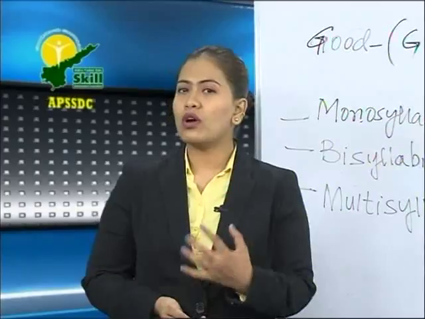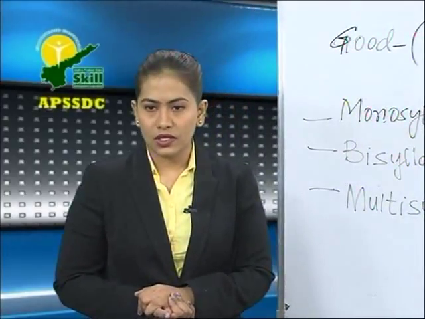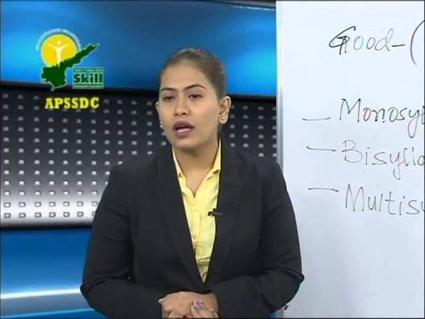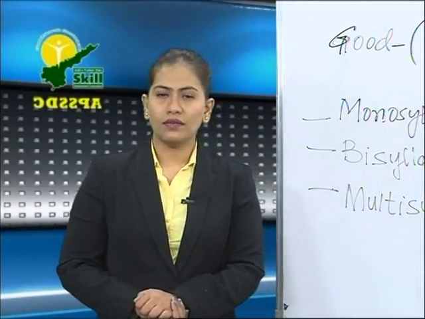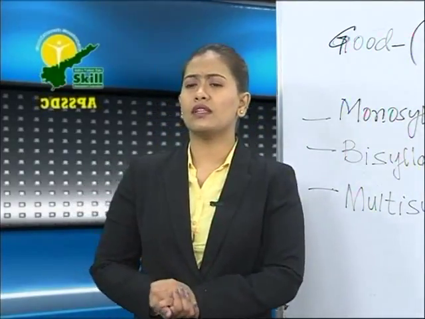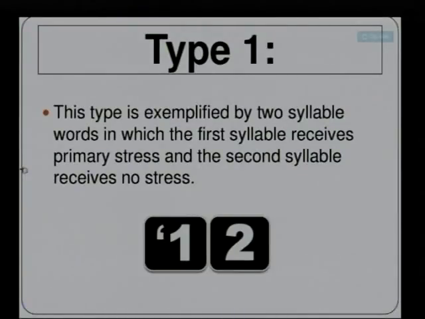So there are 4 common patterns that can be noted in pronouncing and transcribing 2 syllabic words at the word level. Let's understand this. Type 1, I want you to look at the slide now. This type is exemplified by 2 syllable words in which the first syllable receives the primary stress and the second syllable receives no stress.